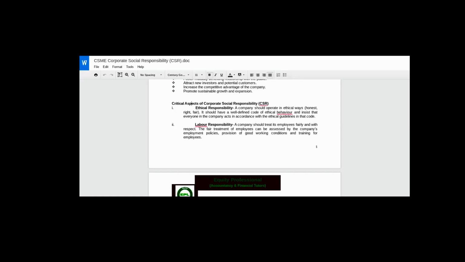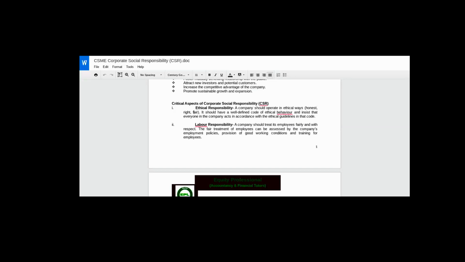So the critical aspects of social responsibility are, one, ethical responsibility. By that, the company acts in an ethical way and promotes good ethical conduct within and outside the organization. When we say a company is ethically responsible, it implies that the company operates in an honest, right and fair way.